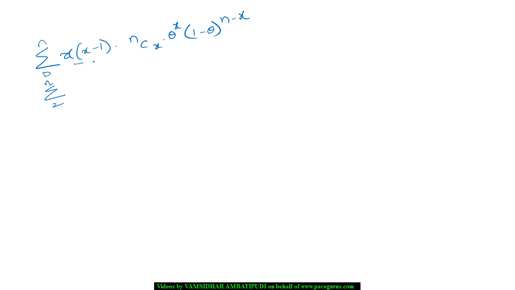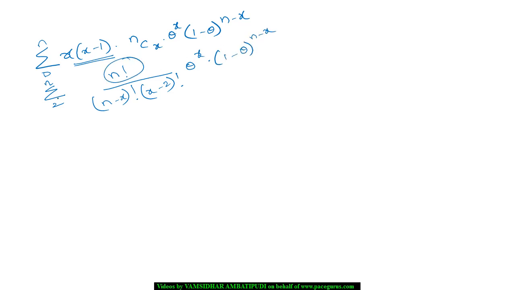Now I also have x into (x minus 1), and nCx is nothing but n factorial by (n minus x) factorial into x factorial. So x into (x minus 1) I will take out there also. So this becomes n factorial divided by, if I am taking out x into (x minus 1), (x minus 2) factorial and (n minus x) factorial, theta to the power x, (1 minus theta) to the power (n minus x).